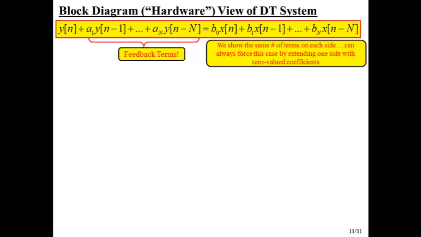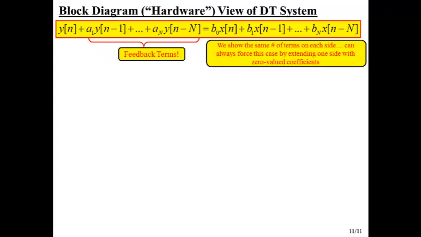So there's a general difference equation, and again we see that these are feedback terms here. If you remember, to recursively solve this, we swung those over to here, and that's why we think of them as feedback. They are past output values that get added in to create the current output value. So they're output values from the past that are fed back into the system to allow us to compute the current output value.